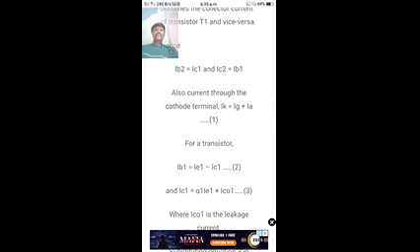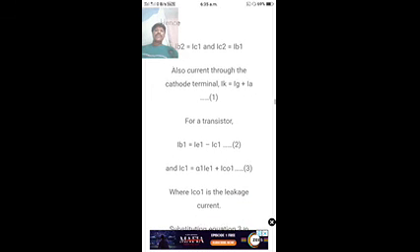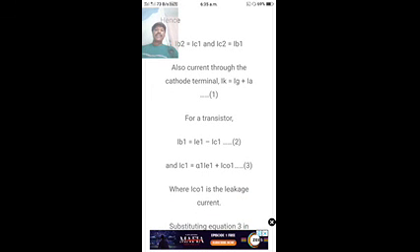For transistor 1, IB1 is equal to IE1 minus IC1. For any transistor we have the relation IE is equal to IB plus IC. So we can write the equation for base current IB1, which is IE minus IC. So IB1 is given by the equation IE1 minus IC1, that is equation 2.